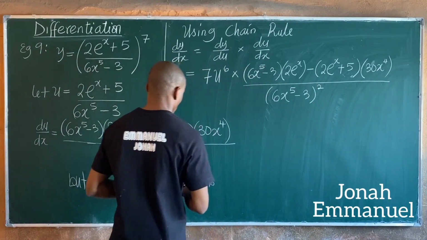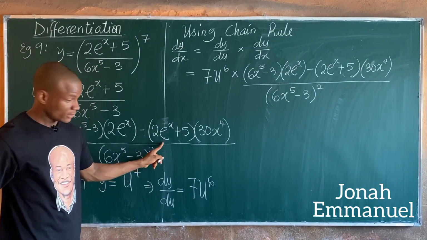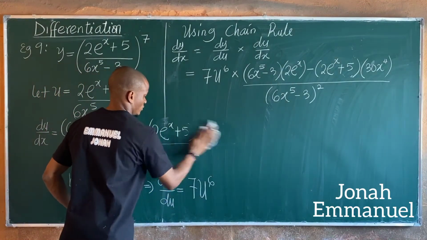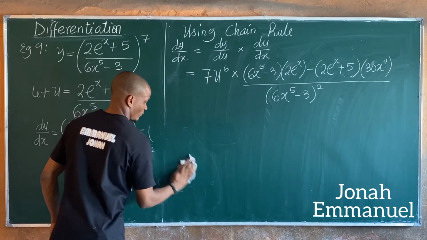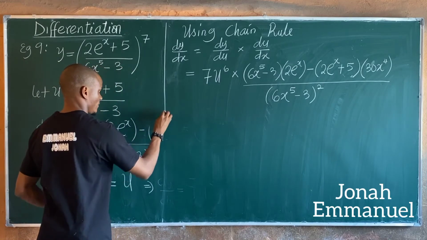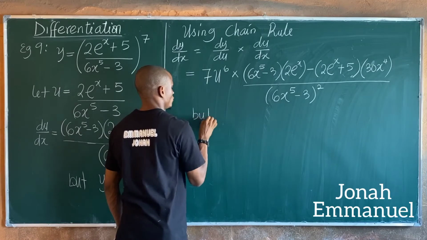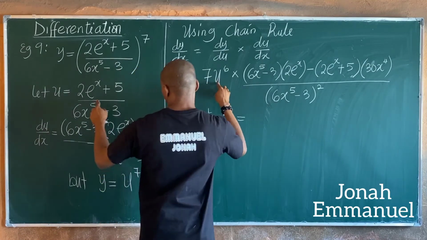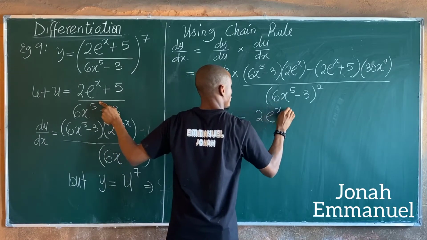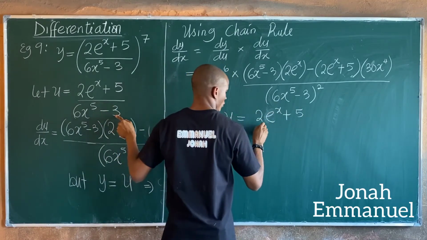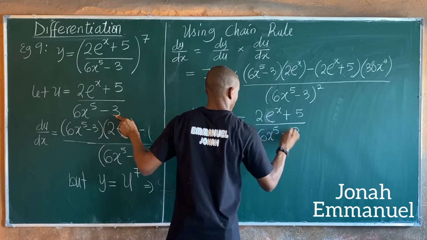So I have this. Okay, to create space for what's coming, I'll take off part of this. Next up, we just said u is equal to 2 exponential x plus 5 all over 6x to the power 5 minus 3.